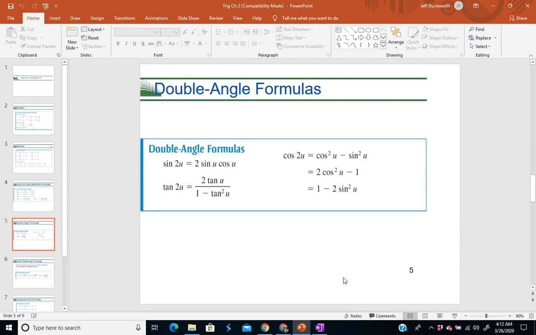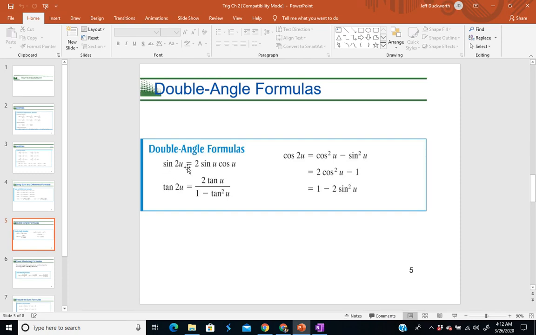We're on slide 5. This is the double angle formulas, and this can be found in your book on page 243. These are different ways of rewriting something that has a multiple of it.